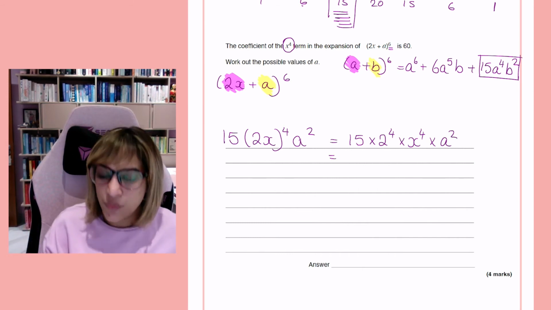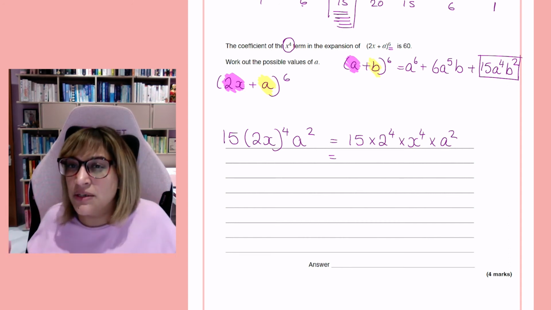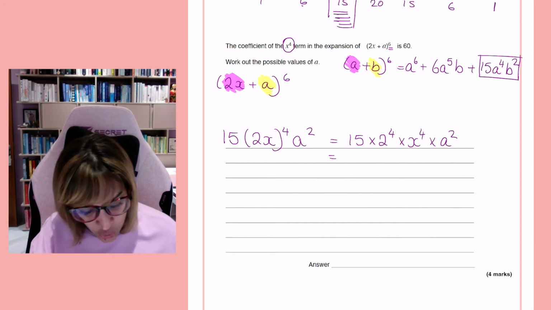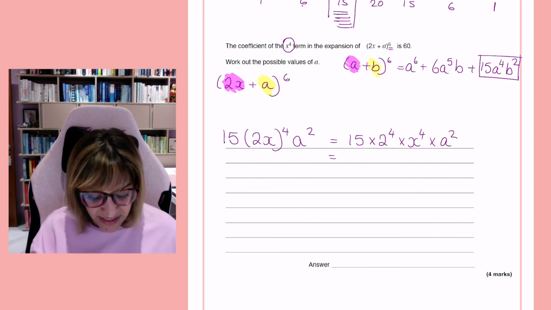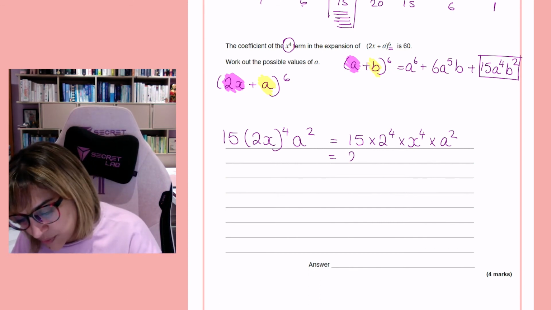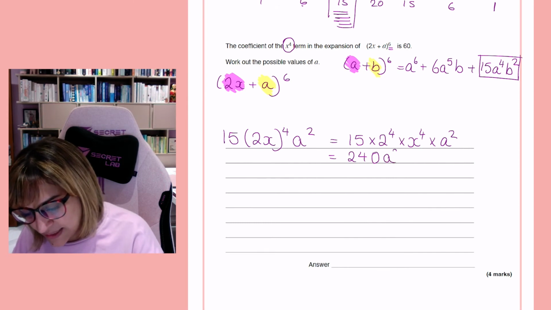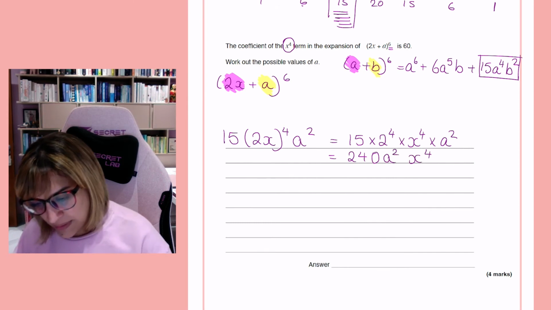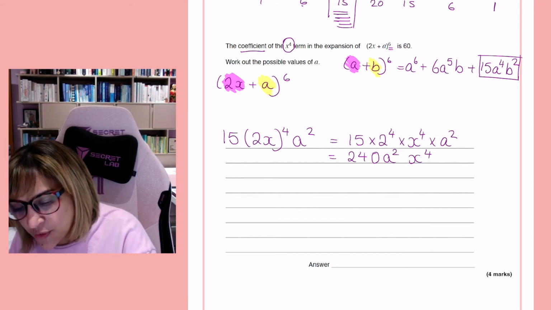Okay, so let's say it was in a non-calculator paper. 2 to the power of 4 is 16. 16 times 15 is going to give you 240. So we've got 240. We're not worrying about the x⁴, which goes at the end: a²x⁴. So now we're looking for the coefficient.